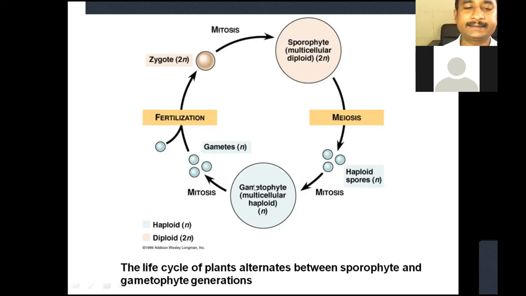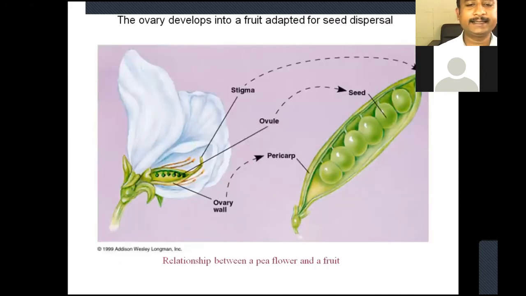And this cycle is called sporophytic and gametophytic generations. Simply understand that the gametophyte contains the haploid number and the sporophyte contains the diploid, 2N number. This is very important. It will come in the exam.